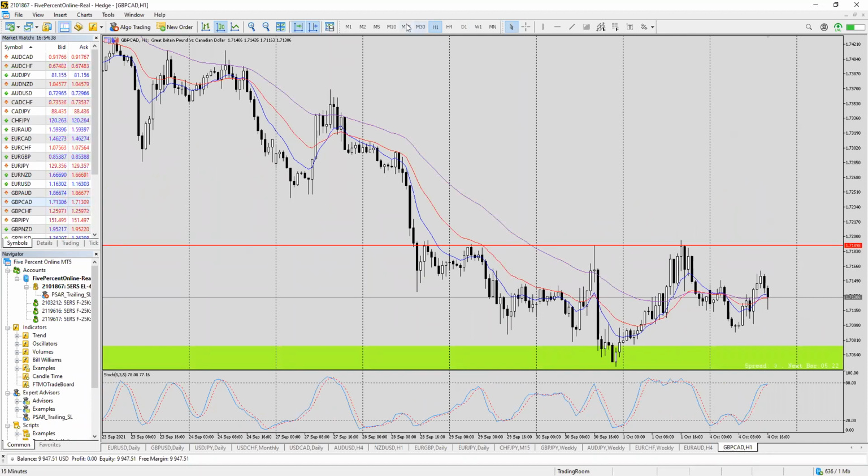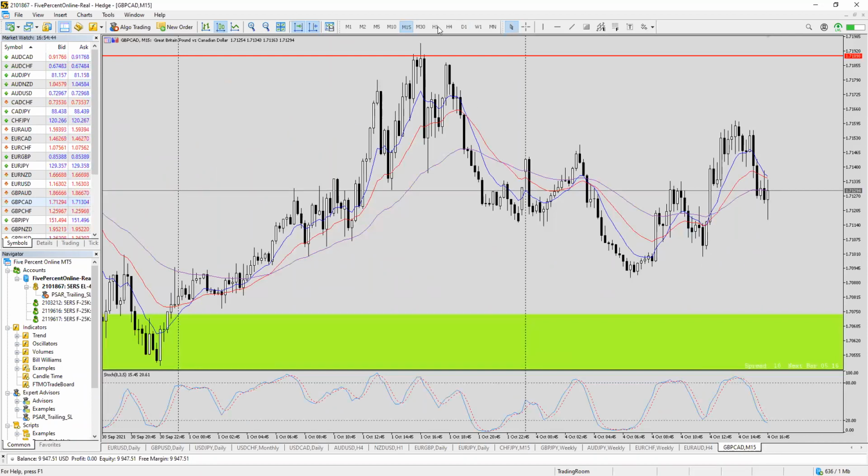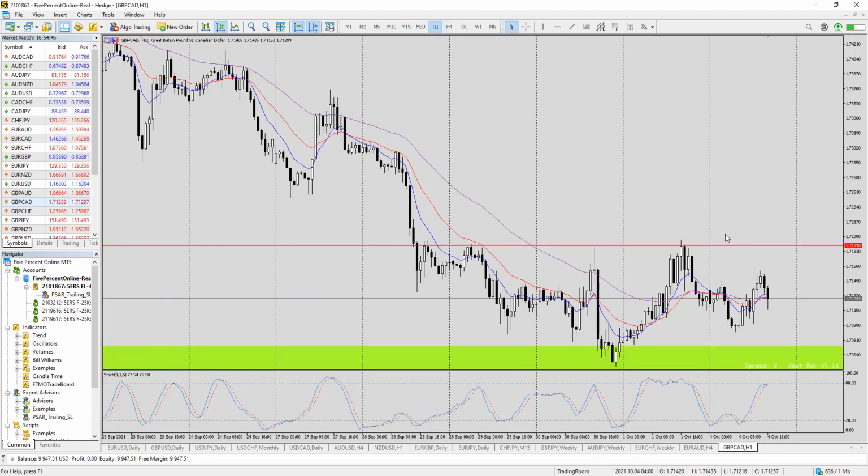If you're looking at an even shorter time frame, and this is not a recommendation, obviously, do your analysis and trade at your own discretion, but because of this pattern and this demand zone, I would be looking for long position opportunities around this area, because this could be the right shoulder of an inverse head and shoulders pattern.